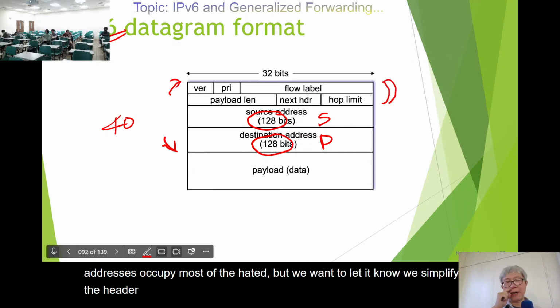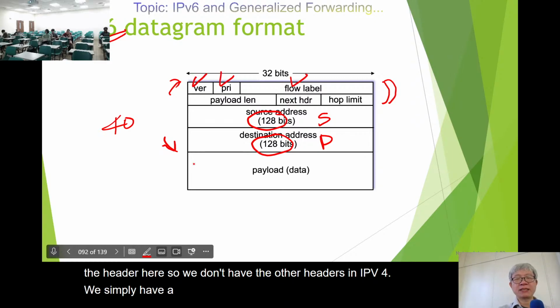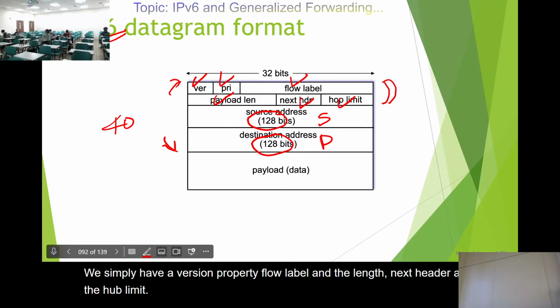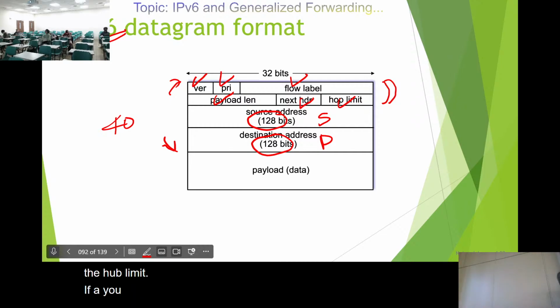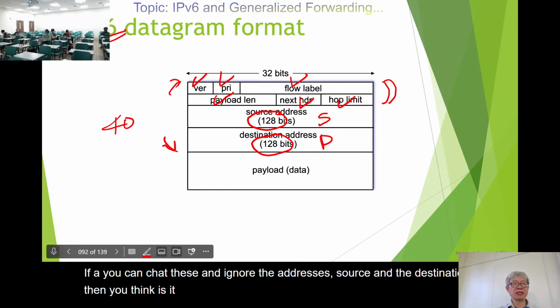So we don't have the other header fields of IPv4. We simply have version, priority, flow label, length, next header, and hop limit. If you check this and ignore the source and destination addresses, is it shorter? Yes, it is shorter than the remaining header fields in IPv4.